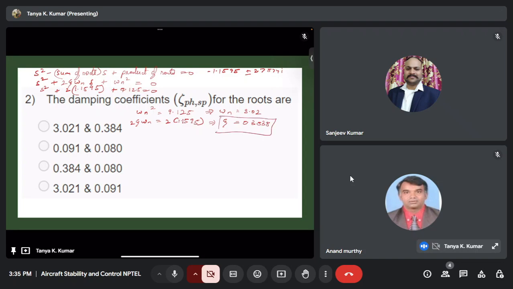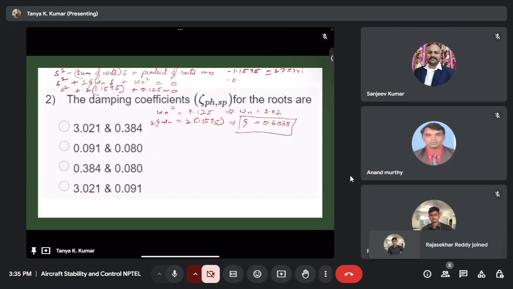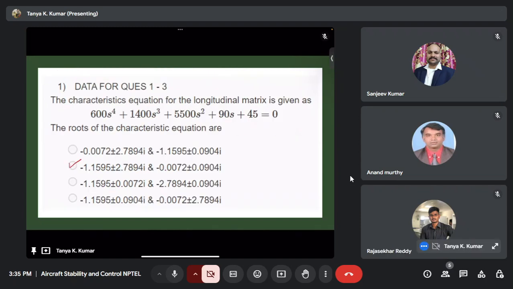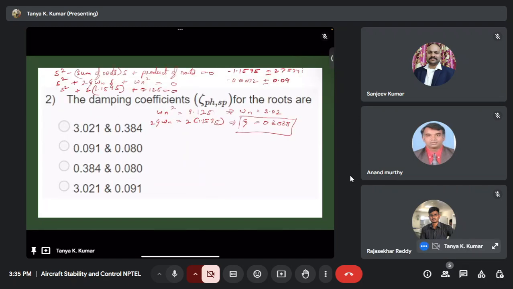Now you plug in the second pair of roots. What were they? 0.0072 plus or minus. Do the similar thing.